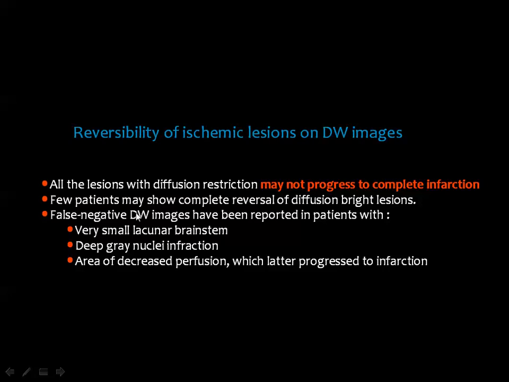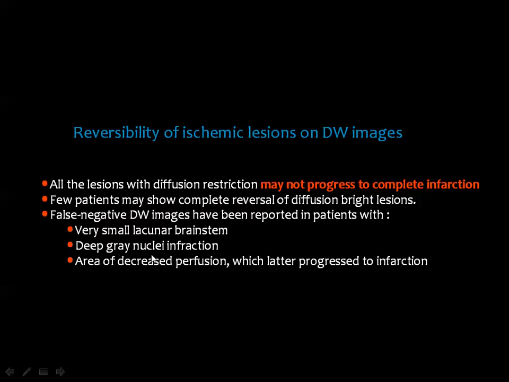And false negative results in diffusion weighted images are reported in these patients. Patients with very small brainstem infarction, the infarction will not appear in the diffusion weighted images showing restriction, because this area is very much disturbed by artifacts.